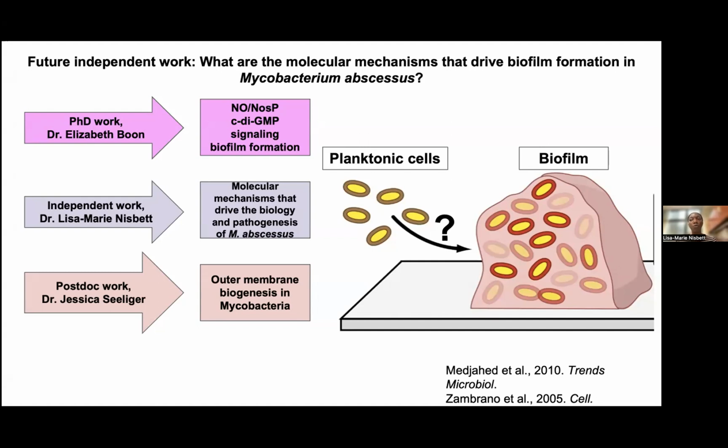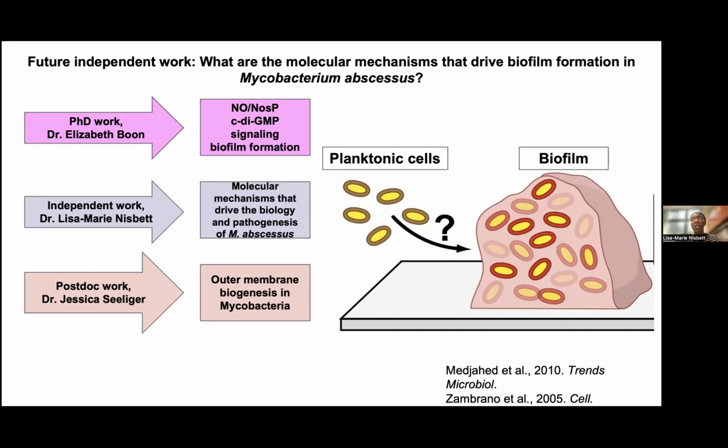What is known for Mycobacterium abscessus is that there's at least one lipid, glycopeptidolipids, which is affiliated with biofilm formation and with a change in the morphology of Mycobacterium abscessus. So I'm hoping to not only understand what the specific signaling pathways are, I'm also interested in possibly exploring what other outer membrane lipids could be important for regulating biofilm formation in Mycobacterium abscessus.